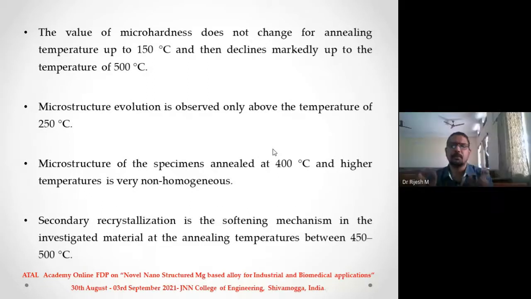Strain-free grains means soft grains. That is called a softening mechanism. Secondary recrystallization is a softening mechanism in the investigated material, at annealing temperatures between 450 and 500 degrees centigrade, which we generally do not want in SPDs.